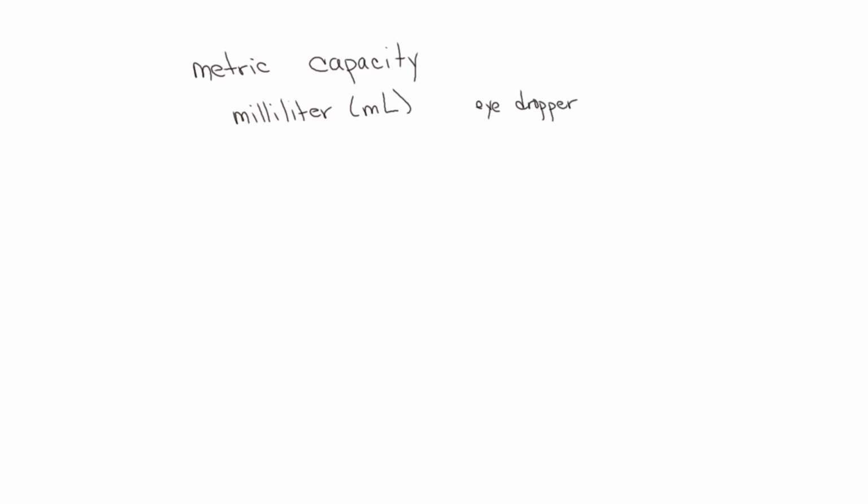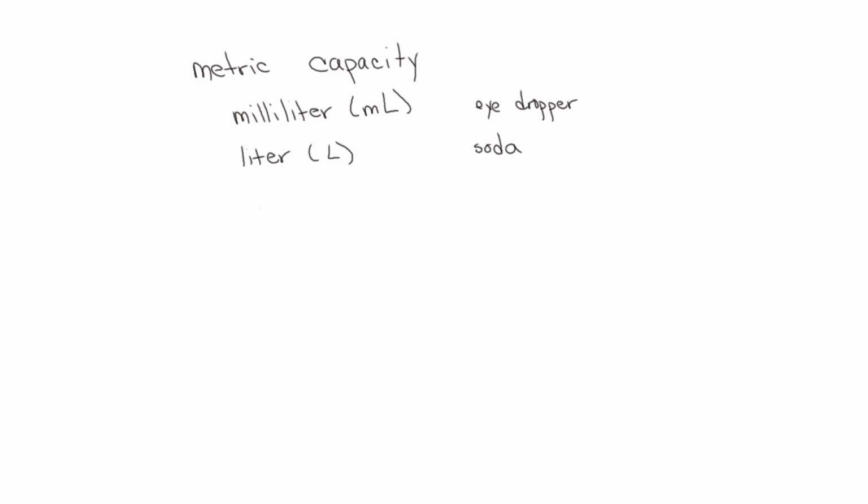The other measurement is a liter, and it's abbreviated with a capital L. And most of us are familiar with the large bottles of soda, liter bottles of soda. So those big bottles hold a liter of soda.